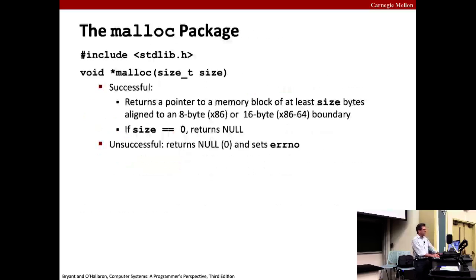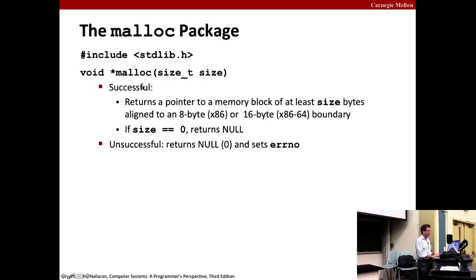Now the allocator in C is provided by the standard C library in a set of functions called the malloc package. The malloc function is used to allocate memory, and it takes as input a size argument, which is in bytes. It returns a pointer to a memory block that contains at least size bytes. That block is aligned on x86 systems to 8 bytes, on x86-64 systems to 16 bytes. If size is 0, it returns null.